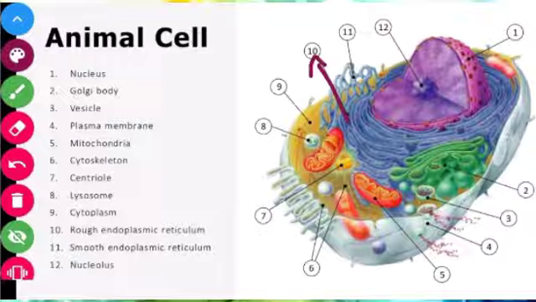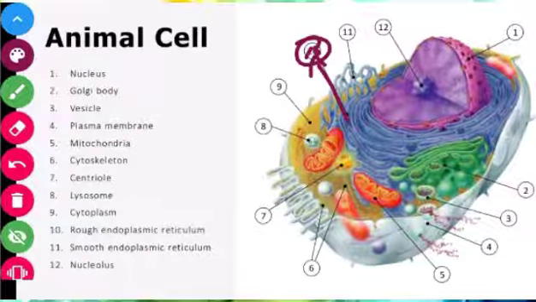Rough endoplasmic reticulum is mainly used for the synthesis of protein. Why? You can think that ribosomes are the main organelle that synthesizes protein, right? Yes, that's right. Because on the rough endoplasmic reticulum the ribosomes are present, and hence it is called rough endoplasmic reticulum.